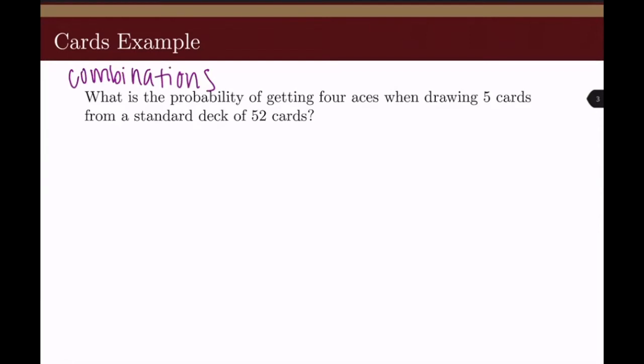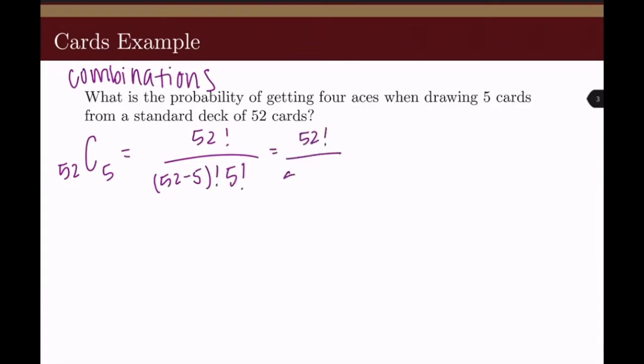So we'll have 52 cards, and we are choosing 5 of them. That means we have 52 factorial divided by (52 minus 5) factorial times 5 factorial. This is equal to 52 factorial divided by 47 factorial times 5 factorial, which is equal to 52 times 51 times 50 times 49 times 48, divided by 5 times 4 times 3 times 2 times 1.